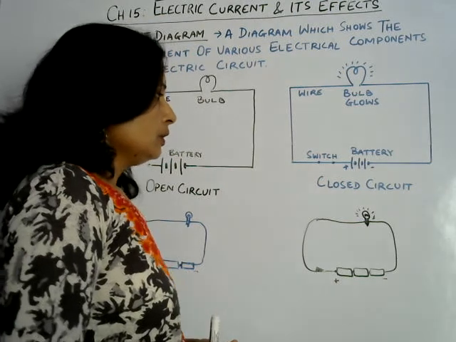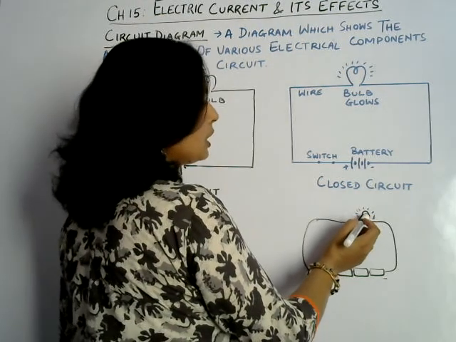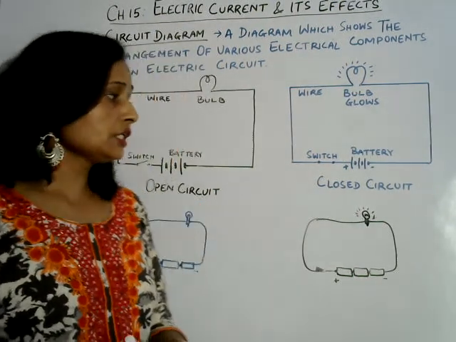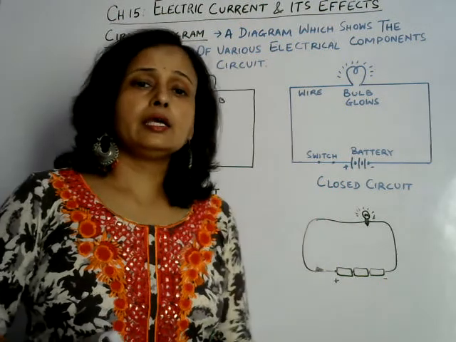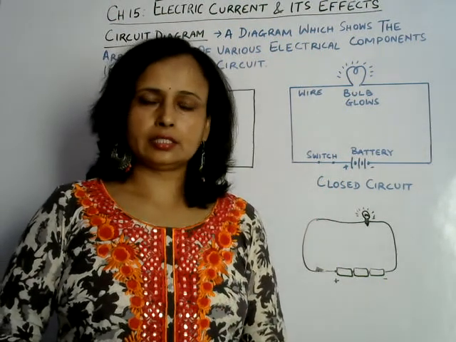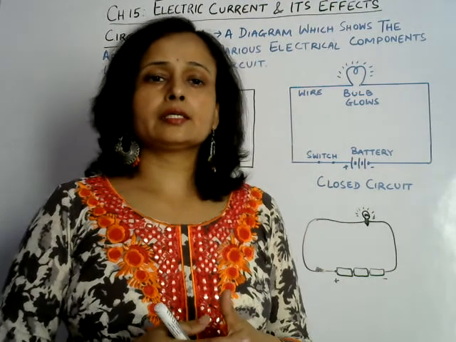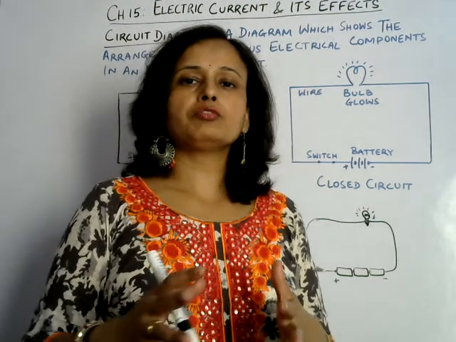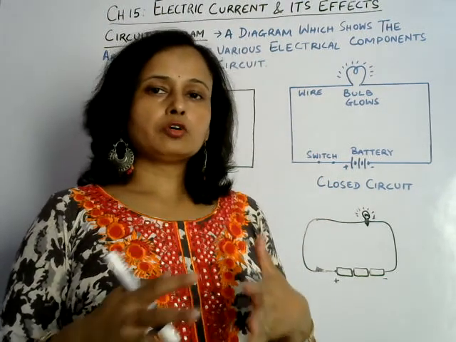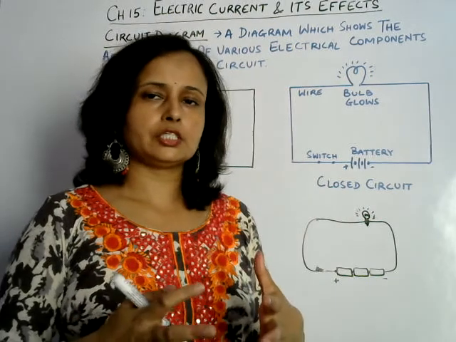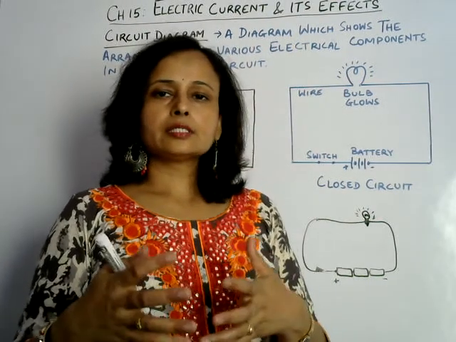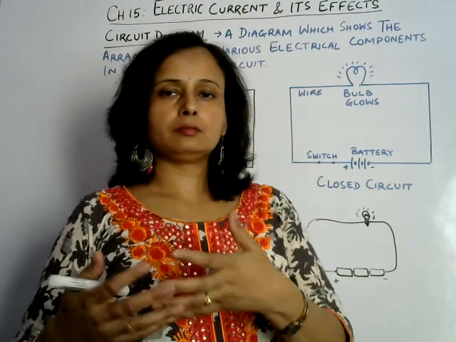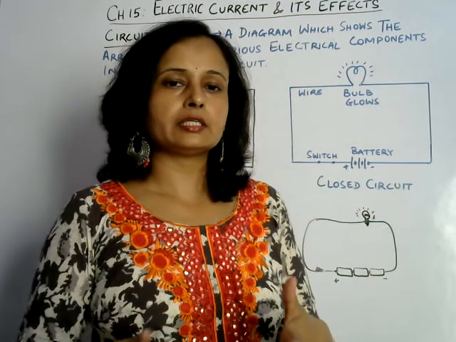Okay. Now a bulb can glow due to a wire that is found in the bulb. What is that wire? That is the tungsten wire. And the tungsten wire basically resists electricity. It tries to stop, tries to minimize the flow of electric current through it, due to which the tungsten wire glows, and it results in the bulb glowing, and heat and light energy is produced.